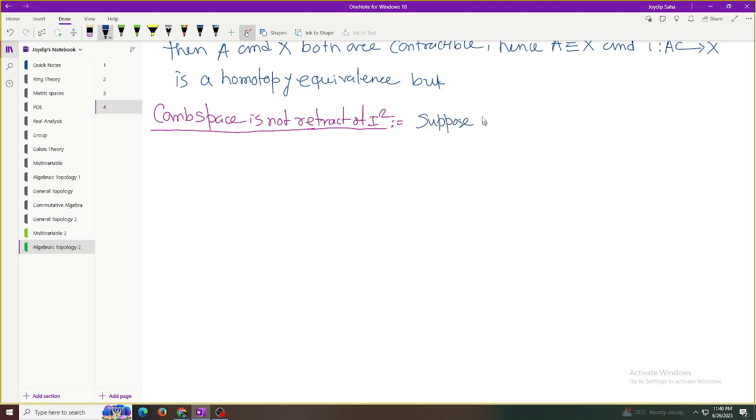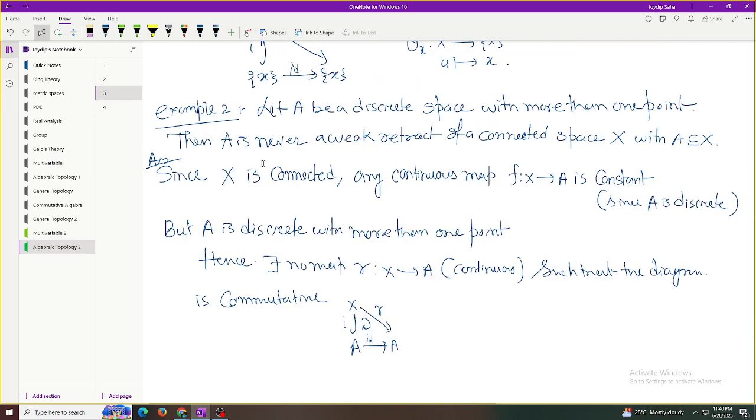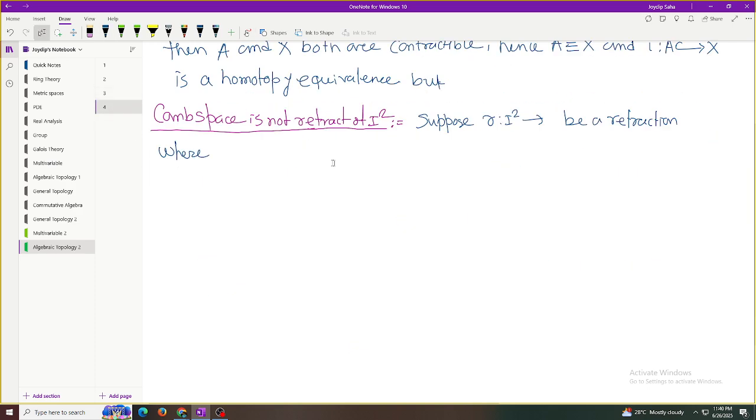Suppose R from I squared to A is a retraction. This is a problem of homework also. I have written here the comb space by Y, that's why I am writing Y.